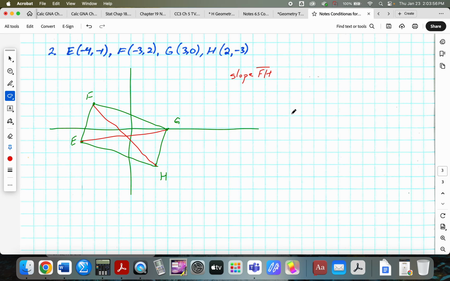So the slope of FH, we're going to go down 1, 2, 3, 4, 5, and to the right 1, 2, 3, 4, 5. So -5 over 5 is -1 over 1. The slope of EG, go up 1 and to the right 1, 2, 3, 4, 5, 6, 7.